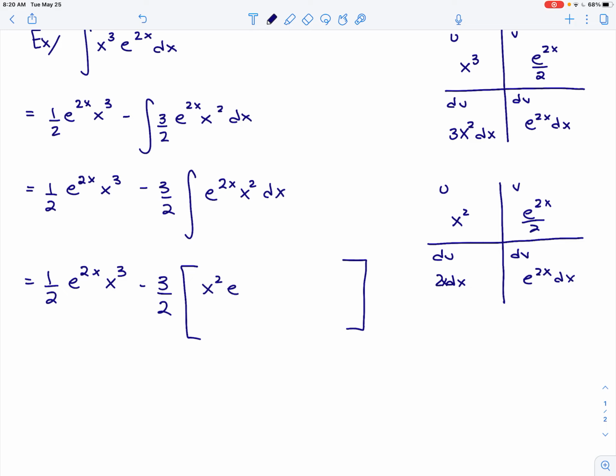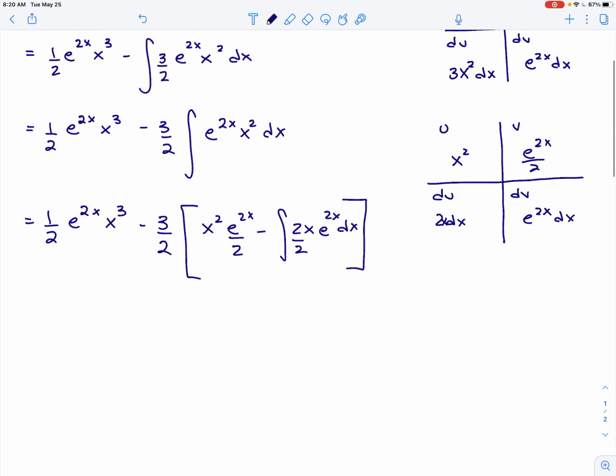So x squared e to the 2x over 2 minus 2x over 2 e to the 2x dx. And then I'm going to clean this all up before I integrate again.